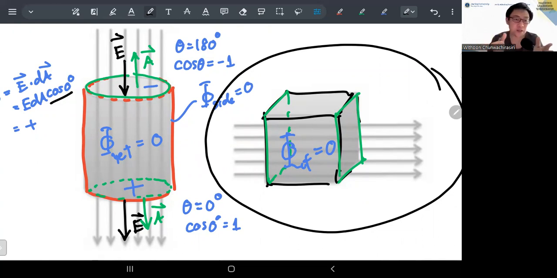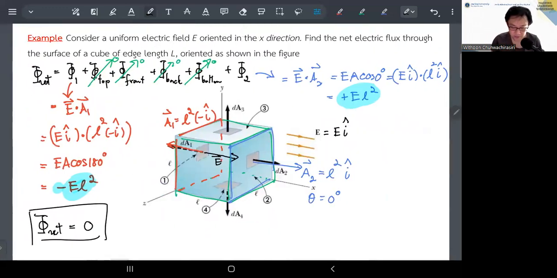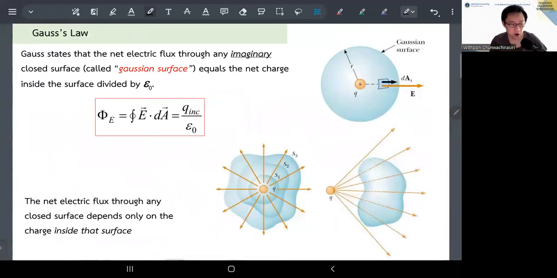So the reason that we're trying to understand how to calculate flux on any closed surface is just so we know whether there is any net charge inside that closed surface or not. And that is Gauss's law. Guys, we are done here.